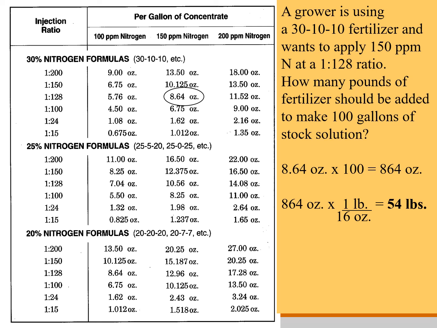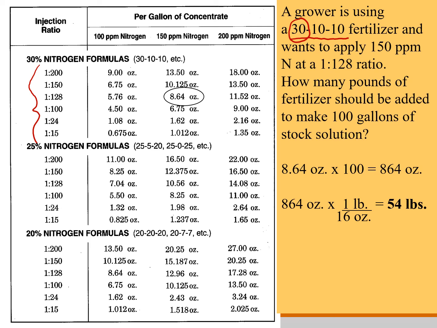If we go to the original question, we can see by looking at the analysis of the fertilizer that the fertilizer is a 30-10-10 fertilizer. So that means that this particular fertilizer contains 30% nitrogen by weight, which means that we're going to be using the top or upper part of this table.